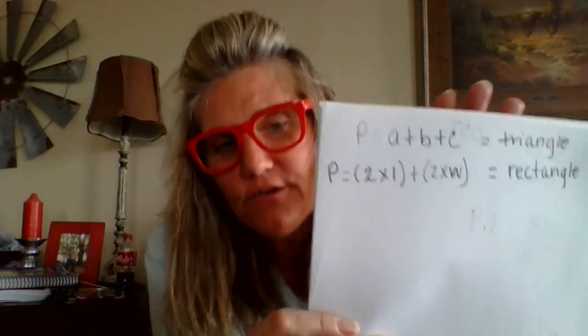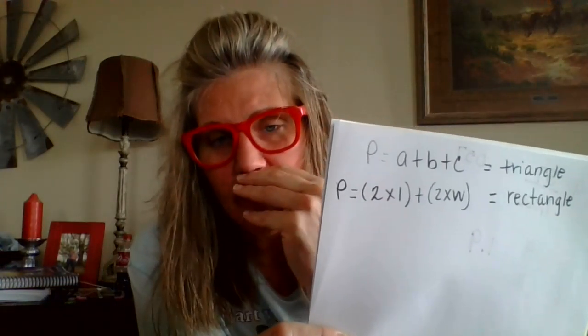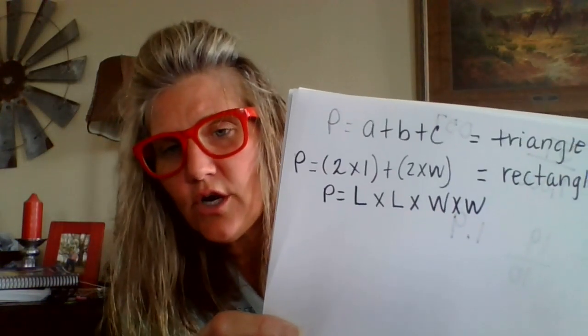And why you do that, it's a shorter way, because this is what you're doing. You're going P equals length plus length plus width plus width. So it's a little shorter way.